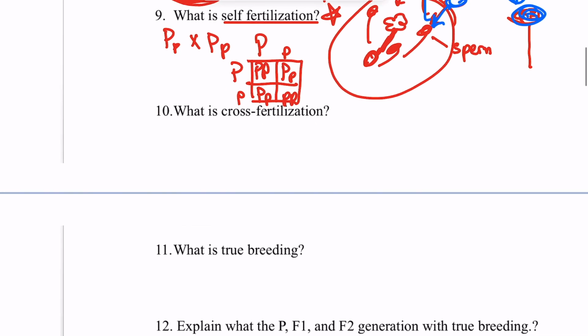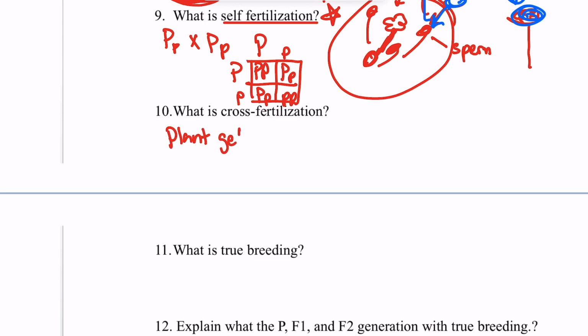So a plant gets bred with a different plant. That's what cross-fertilization is.